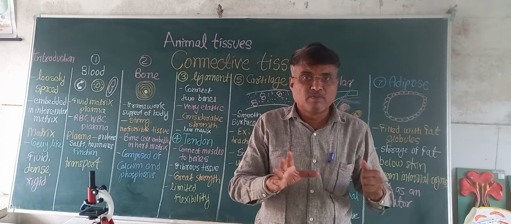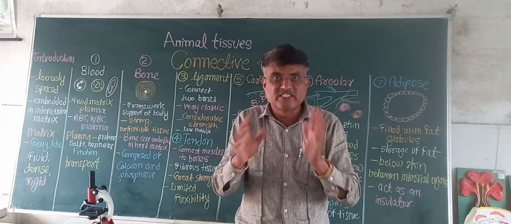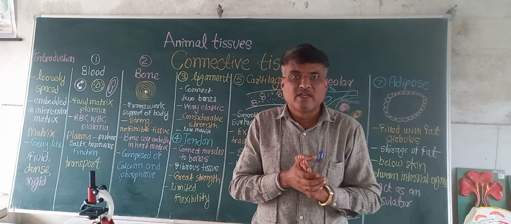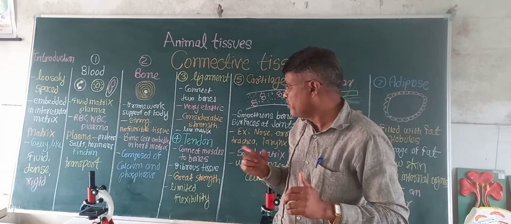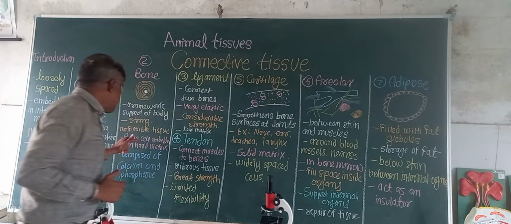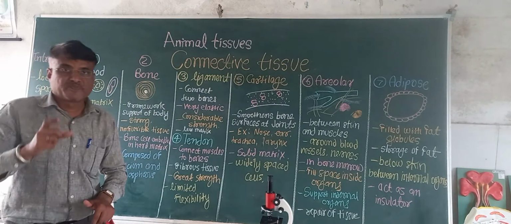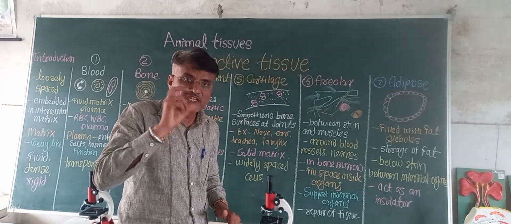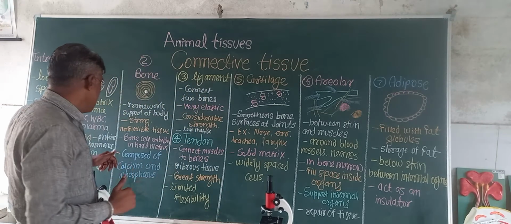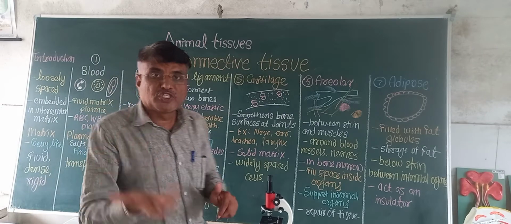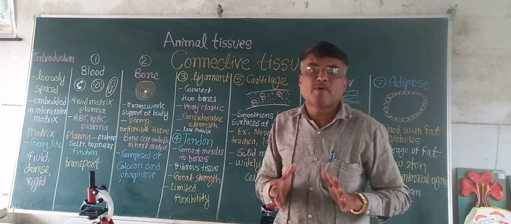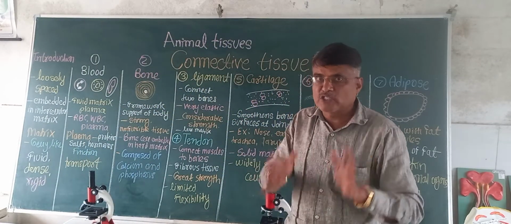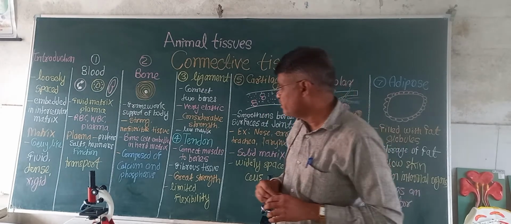Bone cells are embedded in a hard matrix. Is the matrix present in the bone hard or soft? Hard matrix. And the composition of bone is calcium and phosphorus.